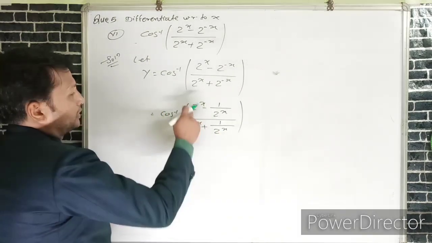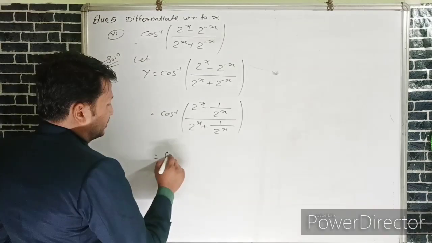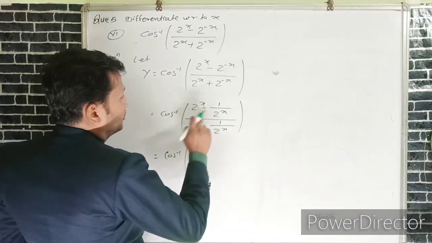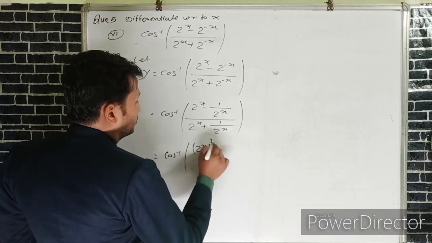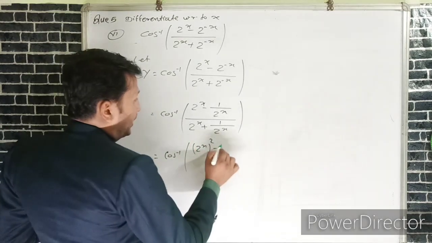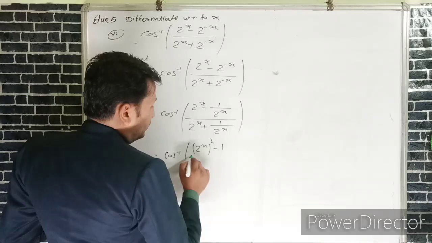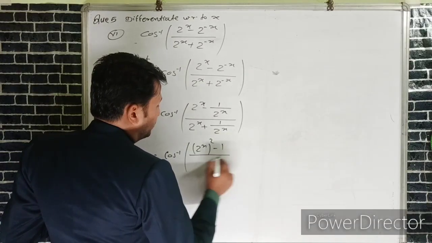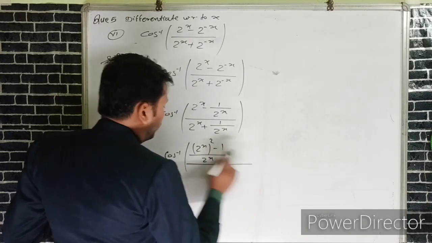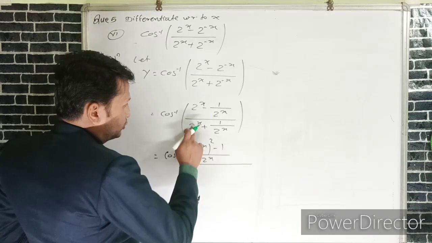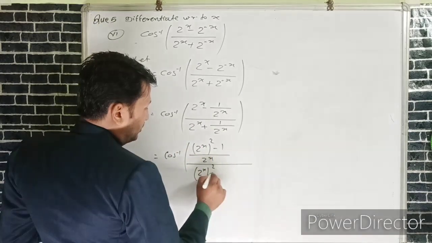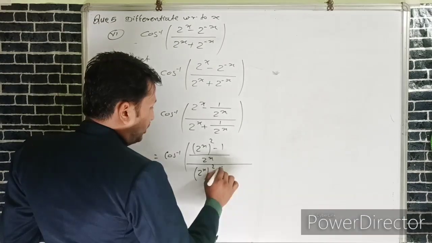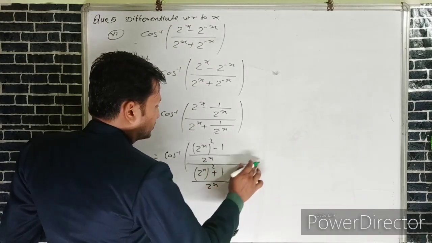If we take the numerator and denominator in cross product form, the numerator is 2 raised to the power x into 2 raised to the power x, that is (2 raised to the power x) whole square, minus 1 into 1 is 1, upon 2 raised to the power x. The denominator is 2 raised to the power x into 2 raised to the power x, (2 raised to the power x) whole square, plus 1 upon 2 raised to the power x.